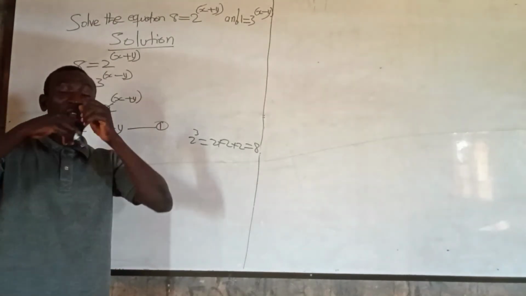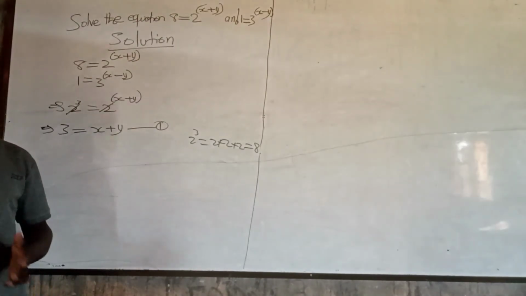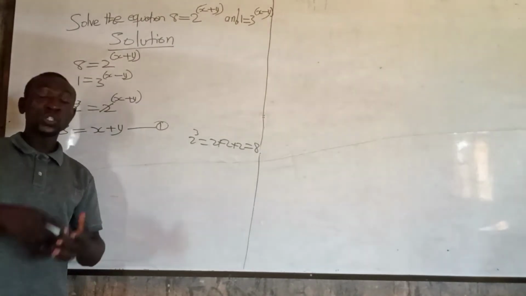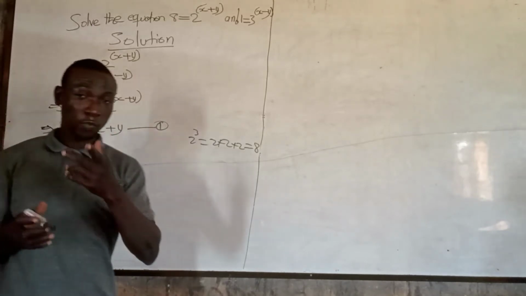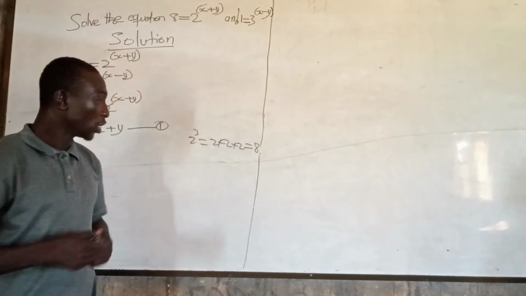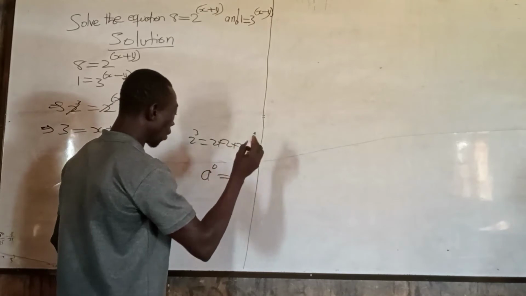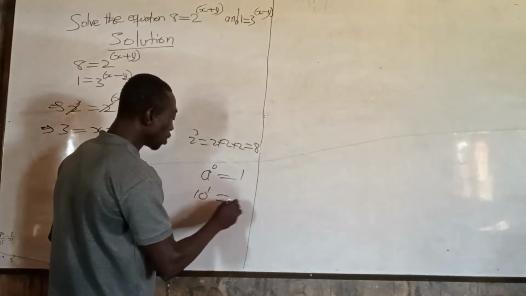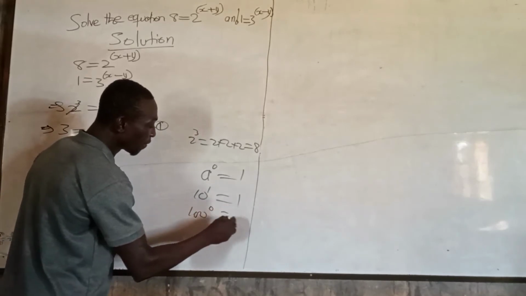So, what particular number do you think that when you raise to the power 0, you get 1? First of all, we learn that any number raised to the power 0 is 1. So, for example, a raised to the power 0 will give us 1. 10 to the power 0 will give us 1. 100 to the power 0 will give us 1.